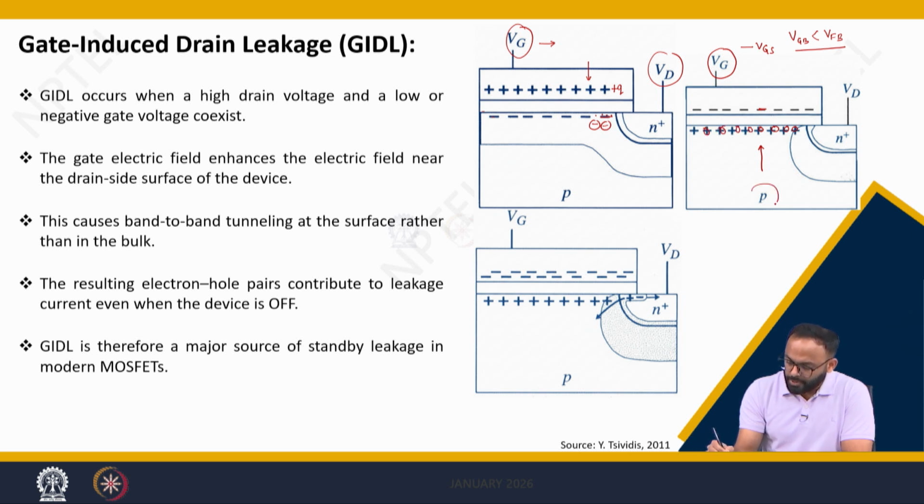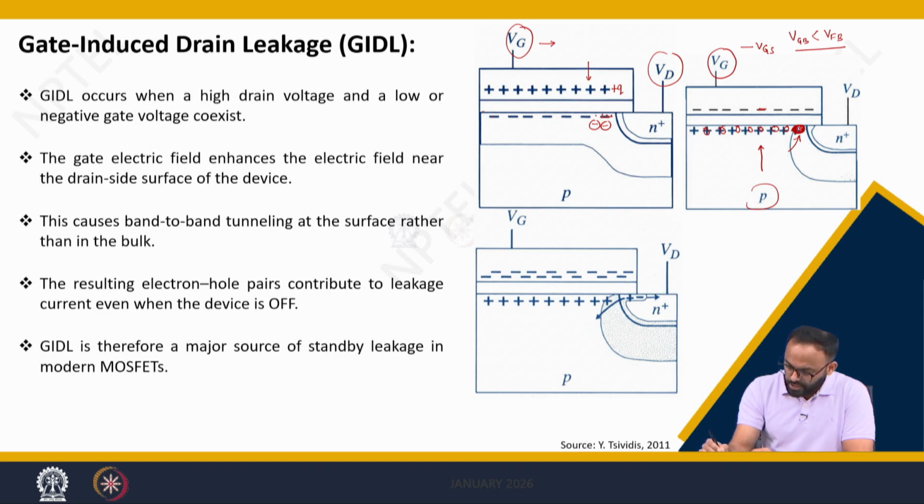As hole is the majority carrier of the substrate, there is a finite probability that the doping concentration locally is increased. It seems like the hole concentration here locally will increase because of this voltage.